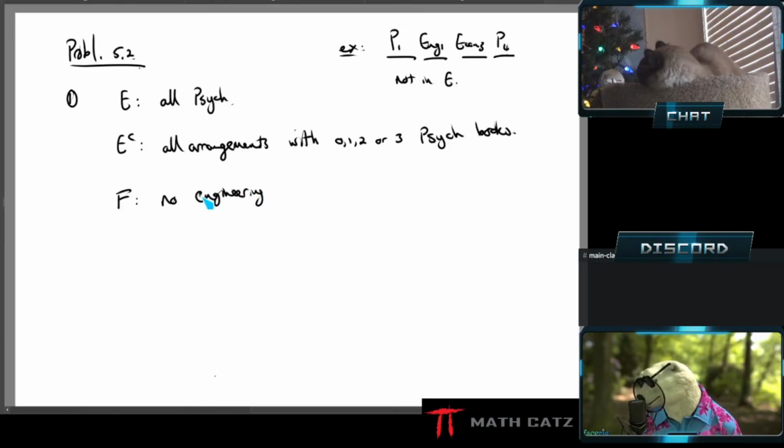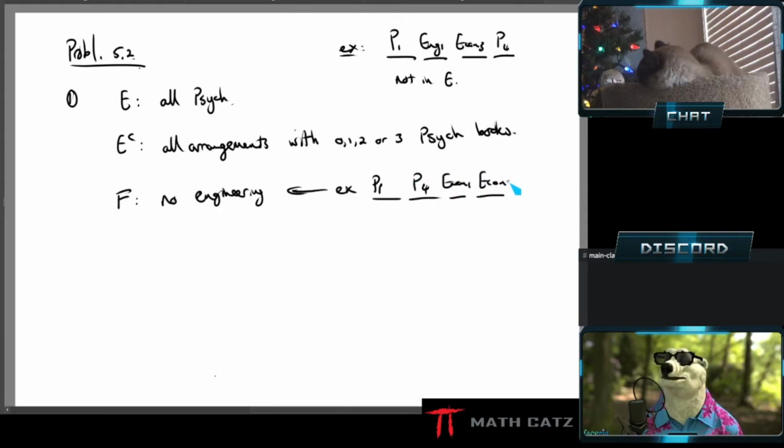So for example, something that could be in here: no engineering books, psychology 1, psychology 4, economics 1, economics 2. As long as there's no engineering, it satisfies F's requirement.